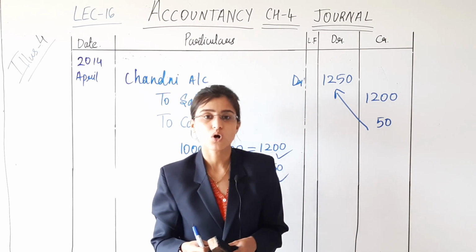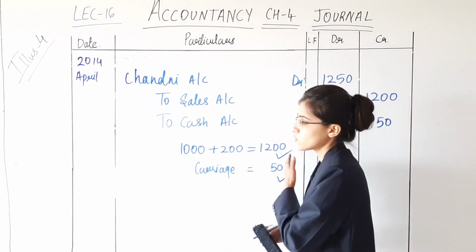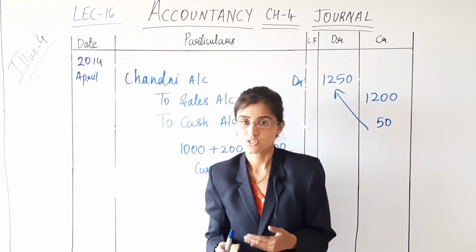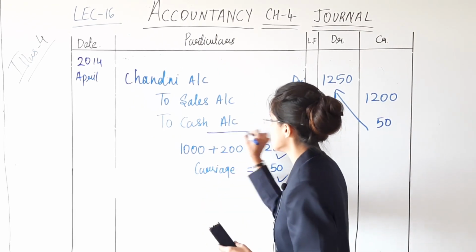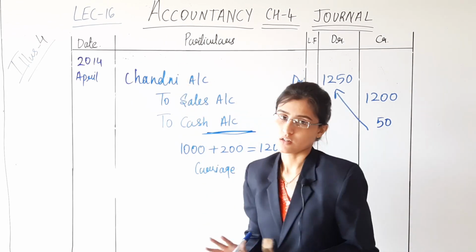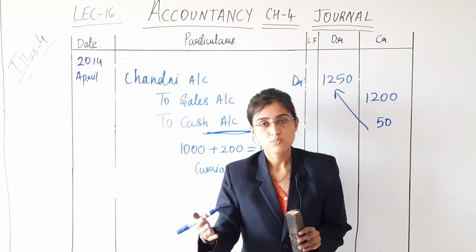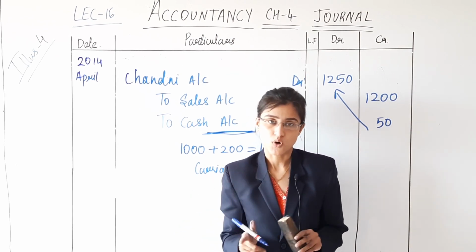It is an expense of Chandni. So, we have not written carriage account debit 50 to cash. Instead, we have written only cash. That means I have paid an amount on behalf of Chandni that Chandni is going to pay me later. Chandni will write down in her books of accounts that carriage is an expense for her.